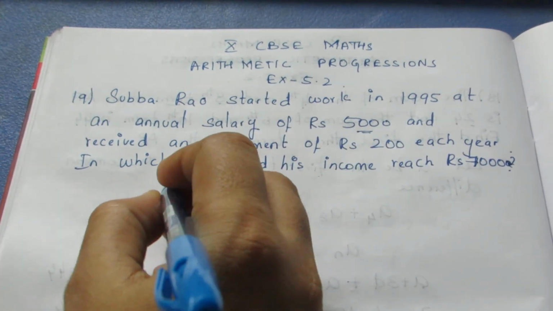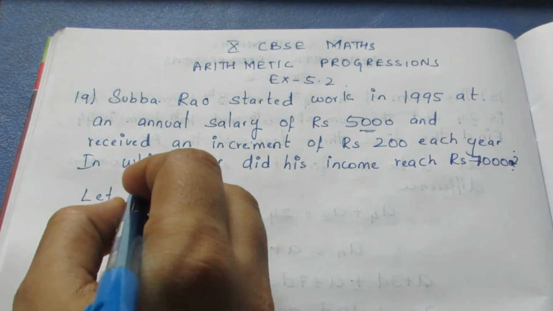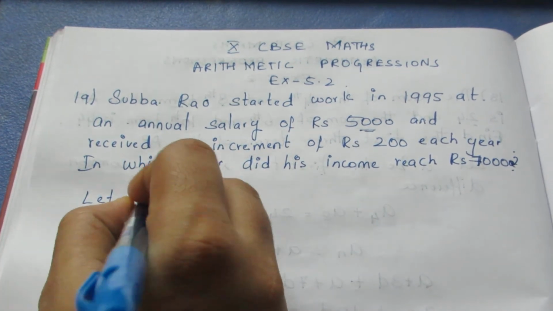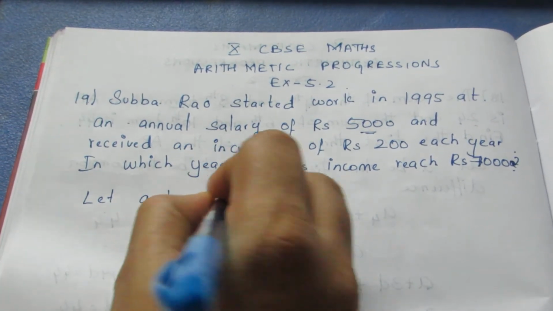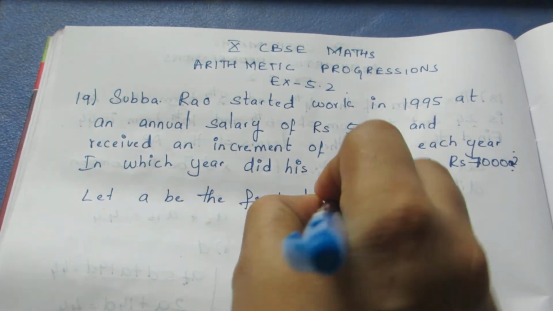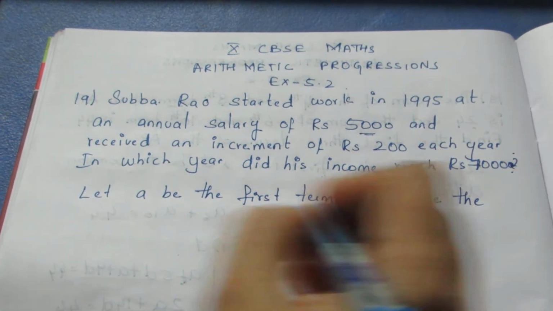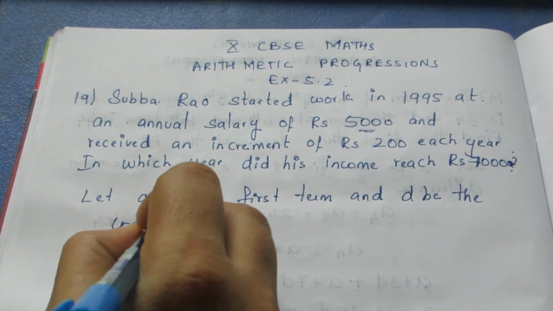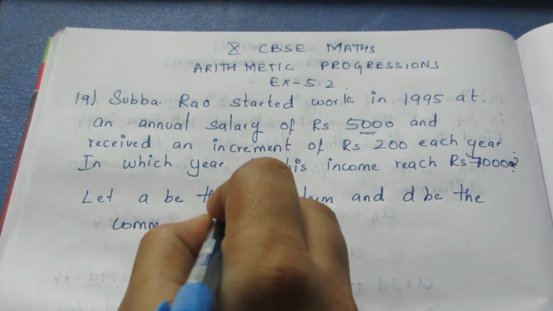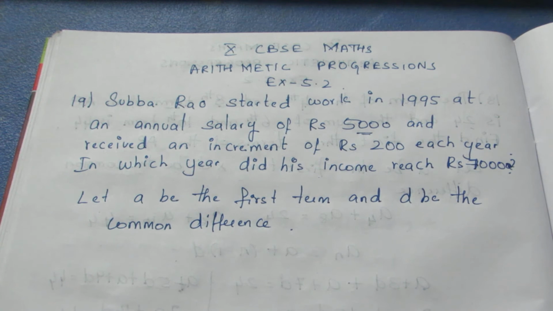Now, as it is an AP, let A be the first term and D be the common difference. A is the first term and D is the common difference.